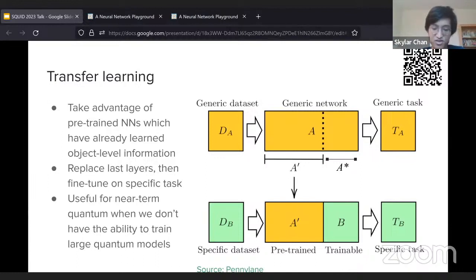The feature extractor is going to understand what colors and edges and other parts of the image are, but it's not going to be responsible for producing a final classification, a final label for the image. That will be the job of our new trainable layer. And it can be as large or small as we want it to be, which is great for doing it on near-term quantum devices because we can make this layer small. That way we can leverage the computational power of the pre-trained network while still being able to use quantum effectively for our purposes, for classification.